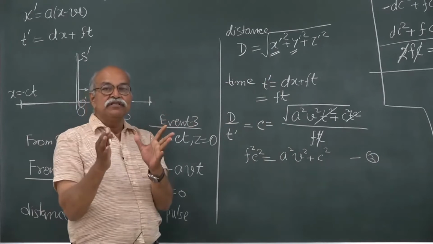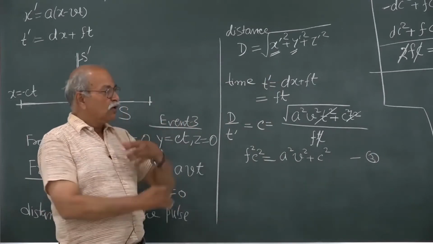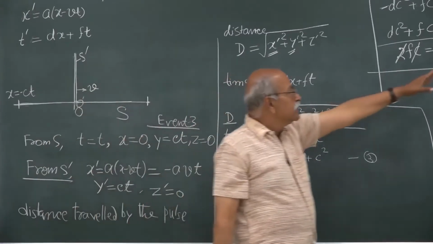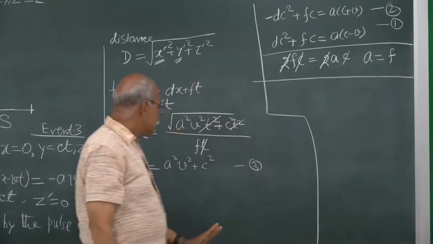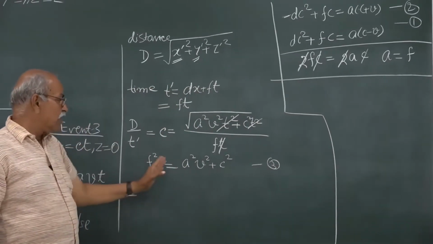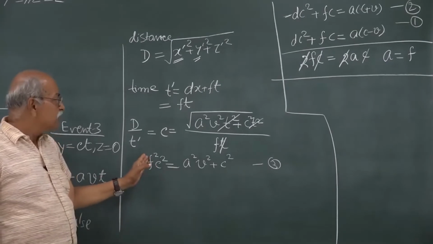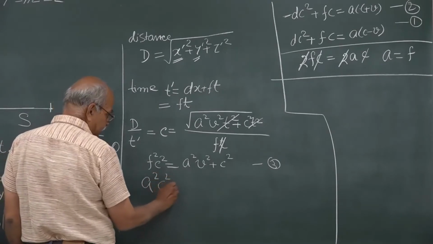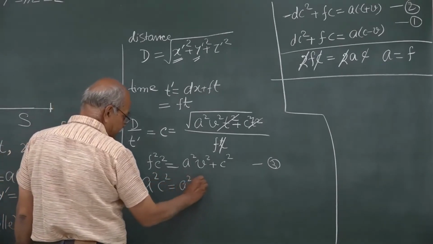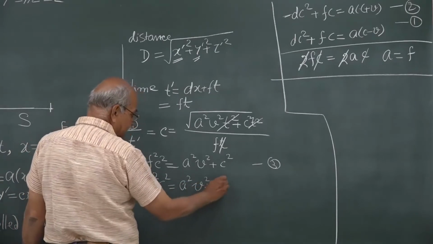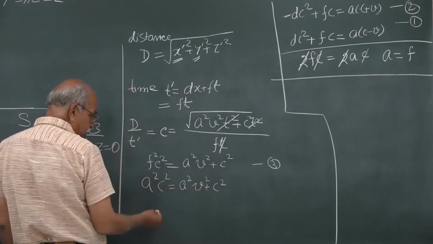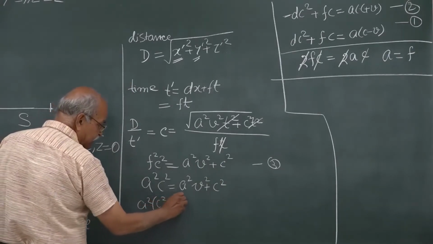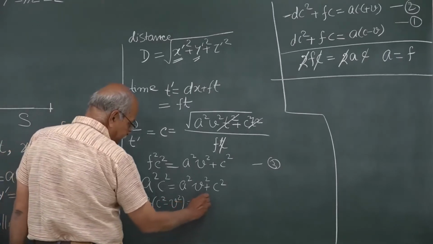So, we had 3 unknowns, we have 3 equations, we have also partially solved the first and second equation, and from there we have gotten A is equal to F. So, in place of F I can write A. So, it is A square C square is equal to A square V square plus C square, and take this on the left, A square common, C square minus V square, and that is equal to C square.